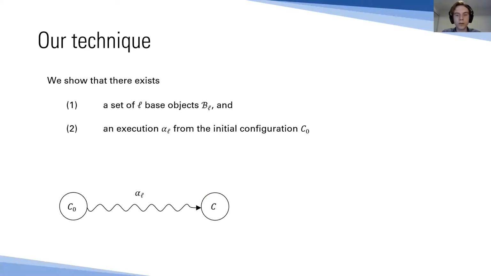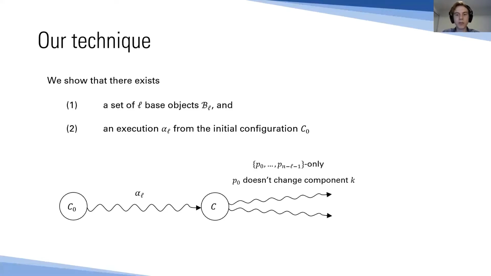then for every execution from C that does not involve the last L scanners, and in which the updater P0 doesn't touch the kth component of the object, nobody changes any of the base objects in BL.